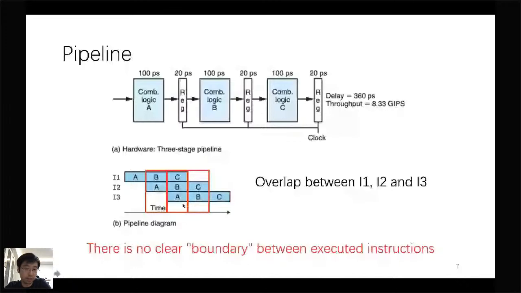And at this time, there are even 3 instructions executed at the same time. So the pipelining mechanism can greatly improve the throughput of the CPU.